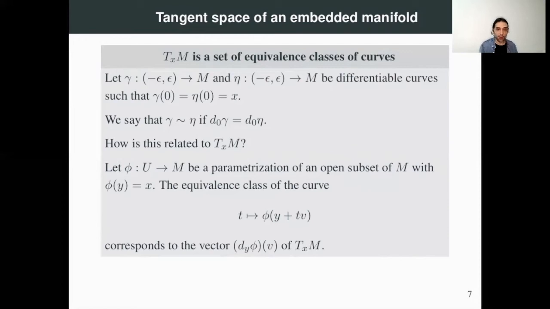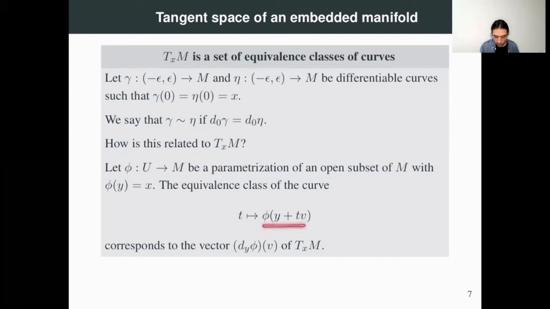And how are these vectors obtained as equivalence classes of curves? It's quite simple. You consider the curve defined this way. You fix b, which is going to be a vector in a Euclidean space, in fact R to the dimension of M, and this curve over here.